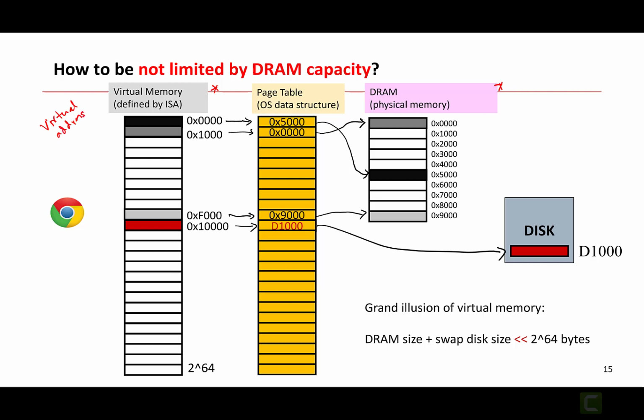So if you have a 64-bit ISA, you have a total of 2 to the power 64 number of addresses or memory locations. Now, all of this memory that you see here on the left hand side, it's virtual memory because it doesn't really exist in reality.